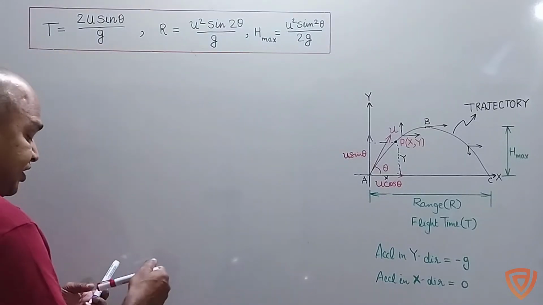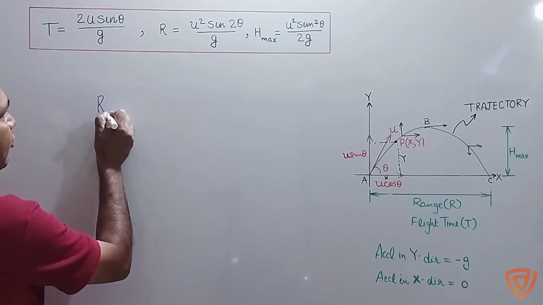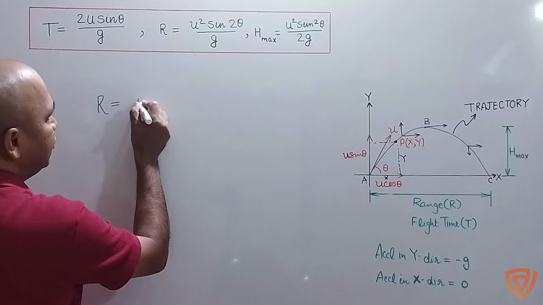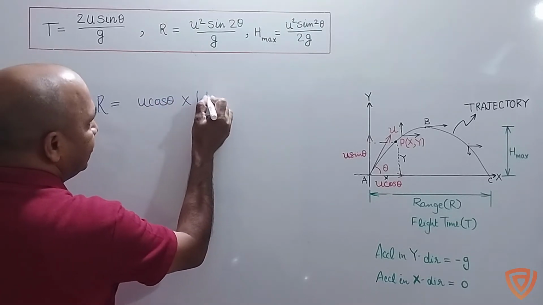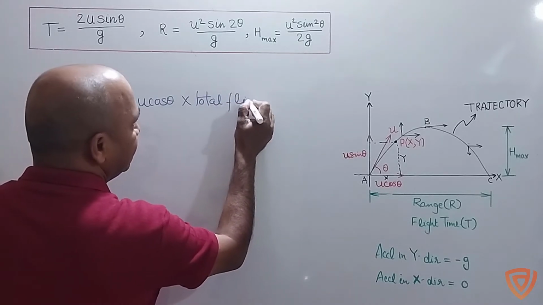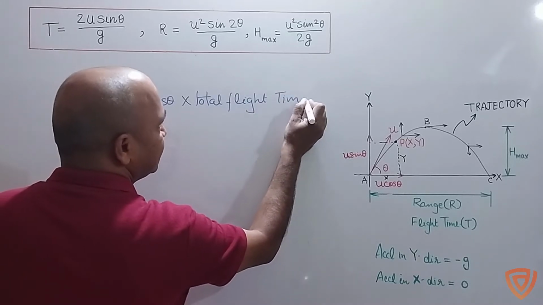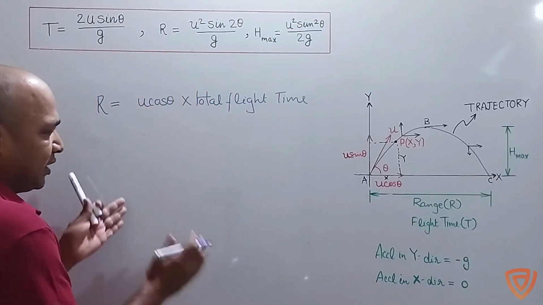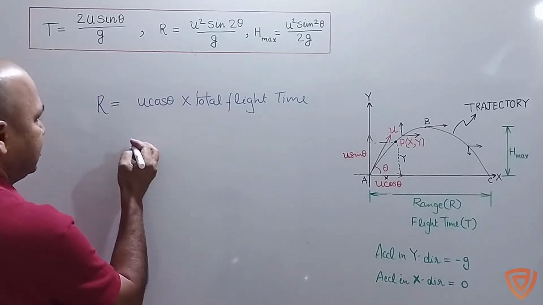So range r will be u cos theta into total flight time, because there is no acceleration in x direction. We are taking this in x direction now.